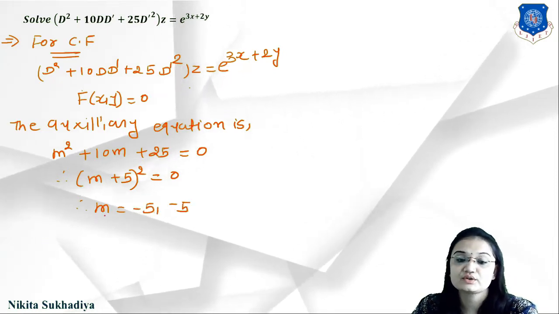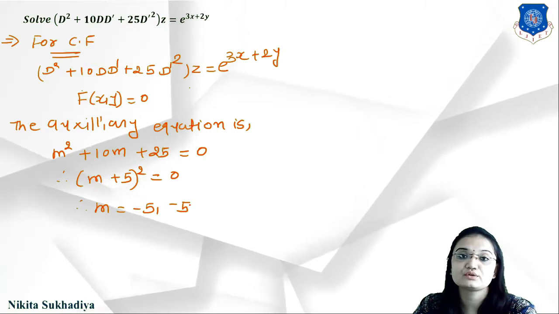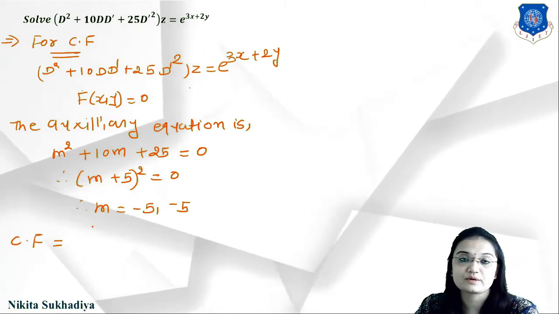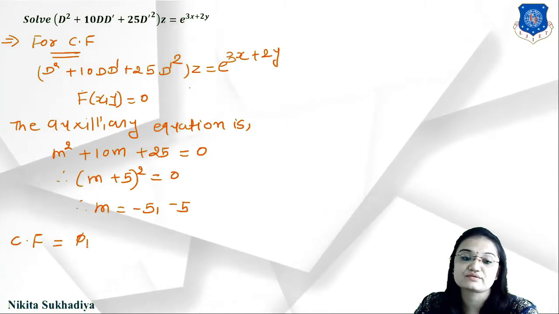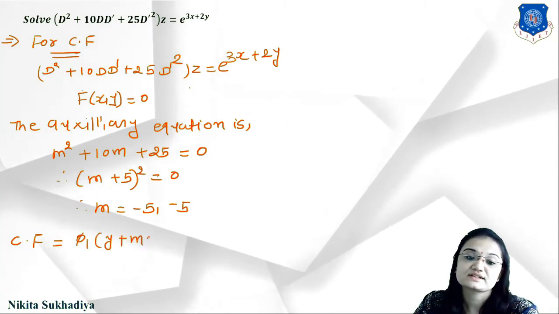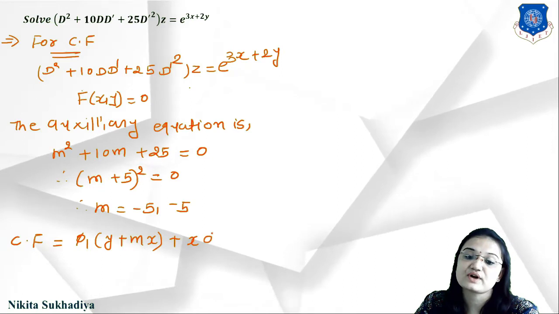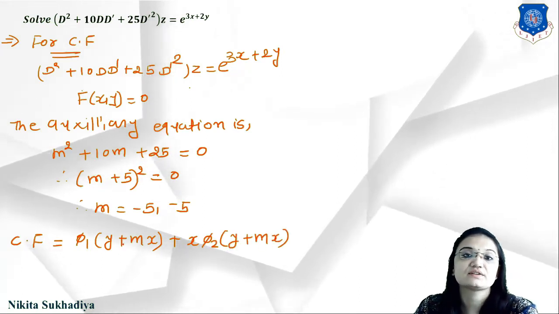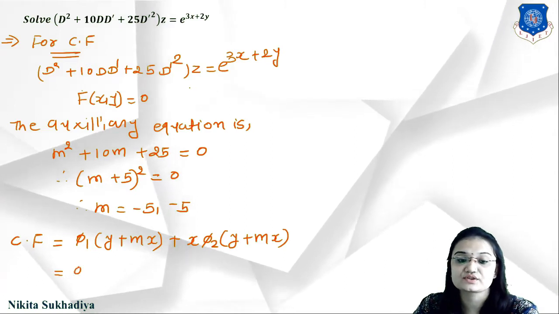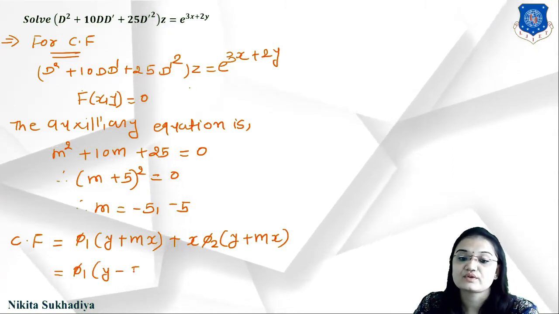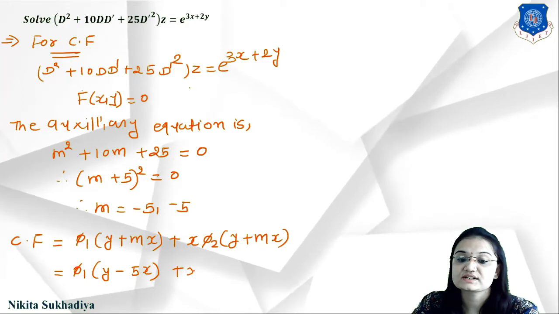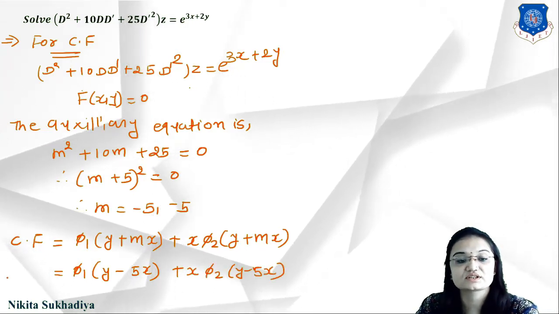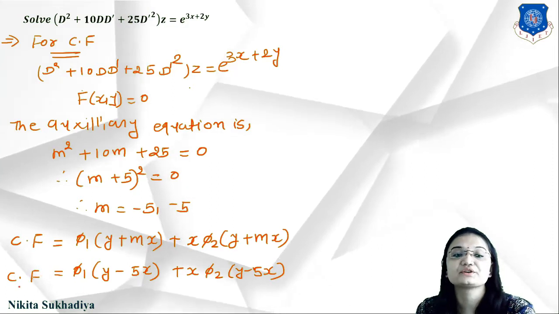Here you can clearly see that we have two equal roots. So our complementary function, according to the complementary function rule, will become phi 1 of y plus mx plus x phi 2 of y plus mx. Here m is minus 5, so this will become phi 1 of y minus 5x plus x phi 2 of y minus 5x. So this is the complementary function.